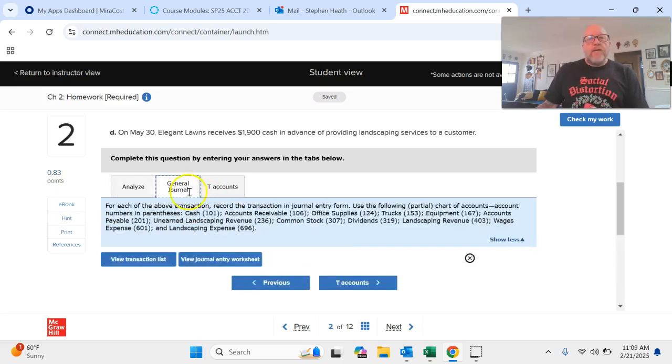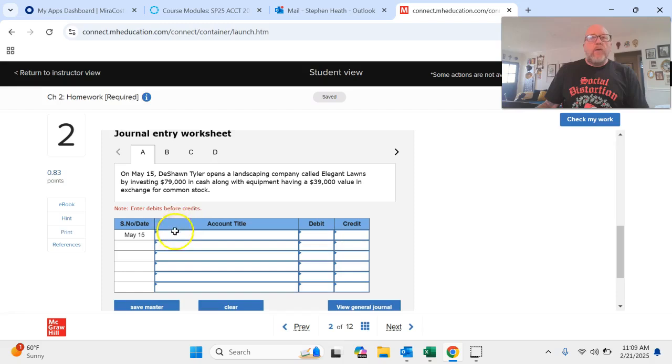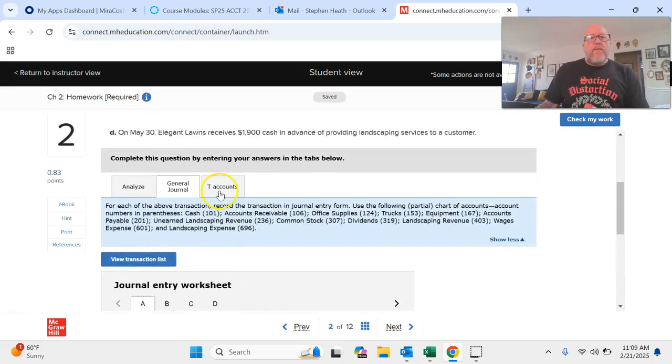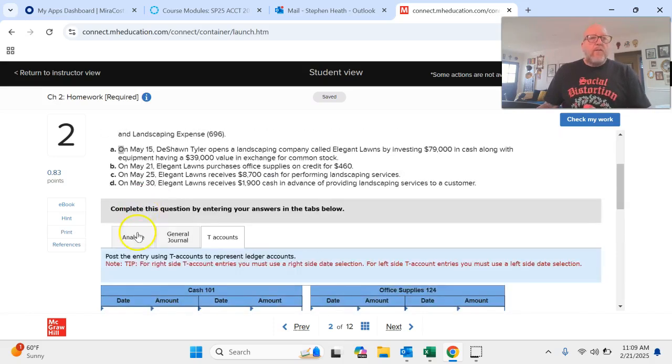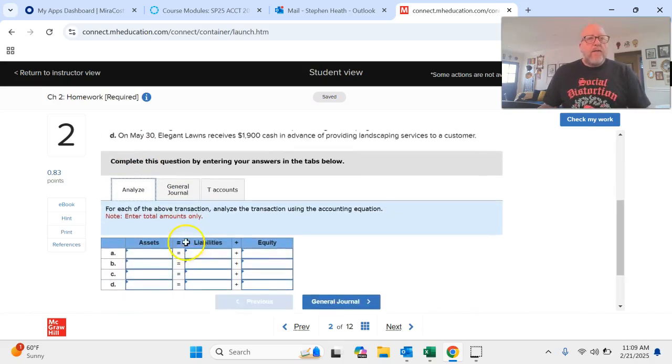Then we would do a journal entry for it. Then, after we do all the journal entries, we would post all of the transactions. So I could post transaction A to the T accounts. So I might just go all the way back to the beginning.